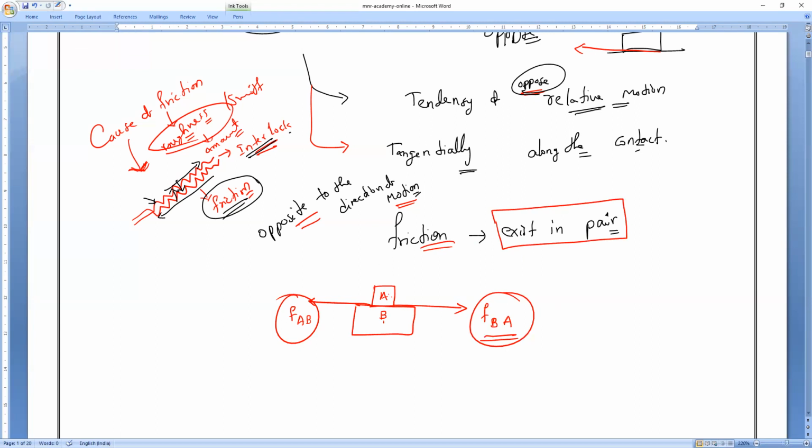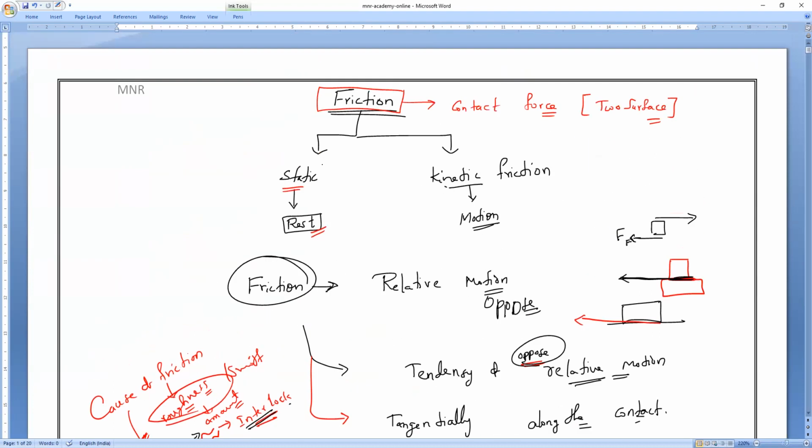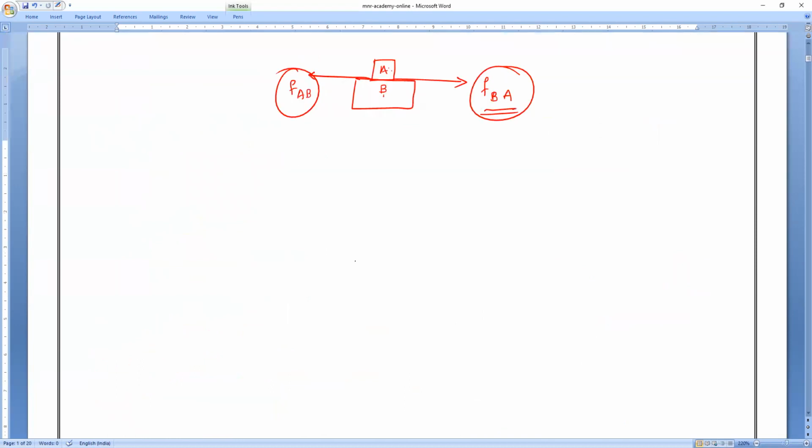Now this friction, as I have already taught, is of two types. One is static friction. Another one is what? Everybody? Kinetic friction. So now let us observe, all of you, what do you mean by this? This is very important. One is static friction, another is kinetic friction.